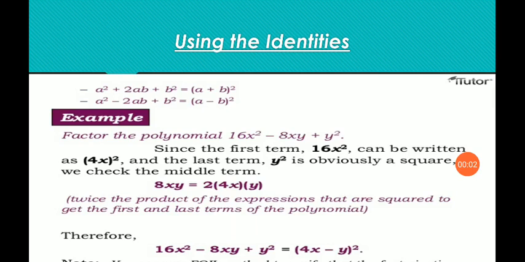The next way to factorize the polynomial is by using the identities.